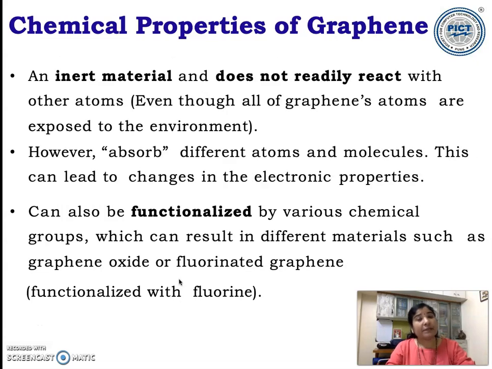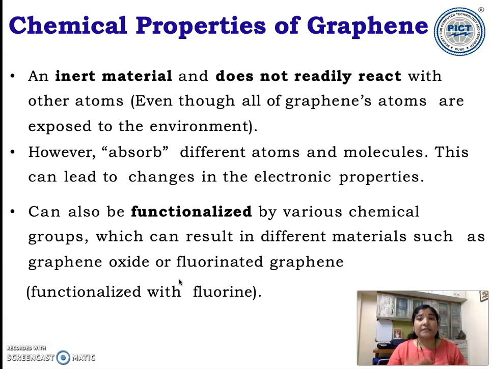As far as chemical properties are concerned, it's an inert material. It doesn't readily react with other atoms, even though all the graphene atoms are exposed to the environment because it is just a single sheet. But it can get functionalized by various chemical groups. When functionalized with fluorine, it is called fluorinated graphene. With oxygen, it is called graphene oxide.